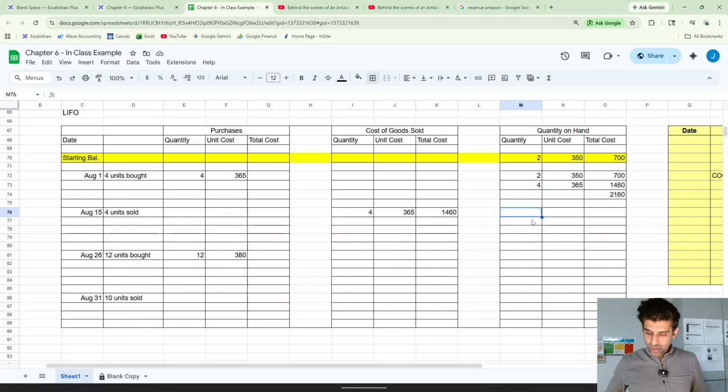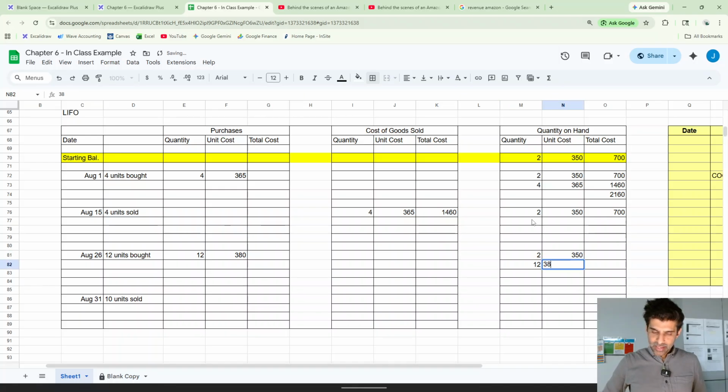So again, what do we have left? We have this 350. Basically, we still have our starting inventory. It's the same inventory and the same inventory cost, because again, the newest stuff that came in, we sold that first. And then after this purchase, we have 2 at 350, and then 12 at 380.